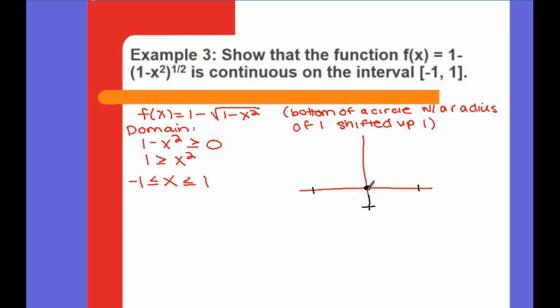Plug in your endpoints. 1 squared. So you have 1 minus 1 squared. So you get 1 minus 1, 0. 1 minus 0, 1. So the endpoints will be at 1. So we can see that circle of radius 1. And it's only the bottom because it's only the minus.